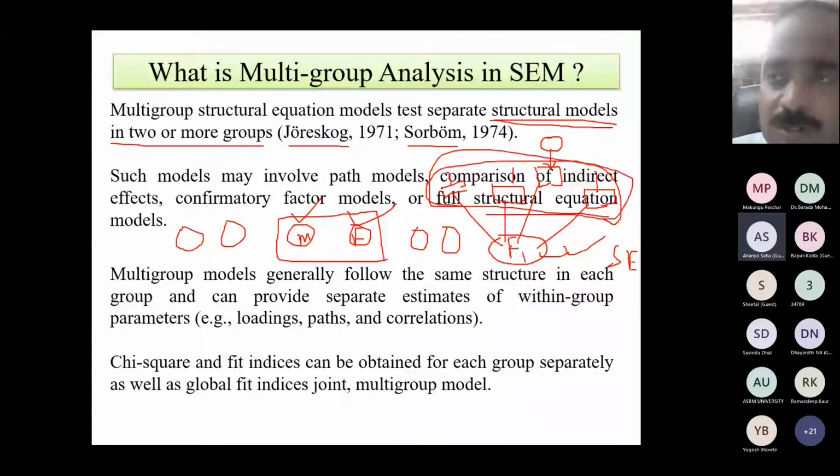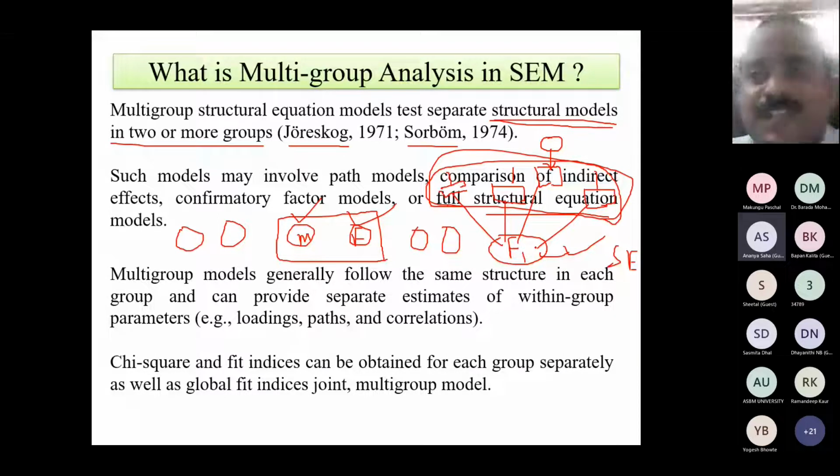I am making it simplified. This will be resolved if invariance testing fails.